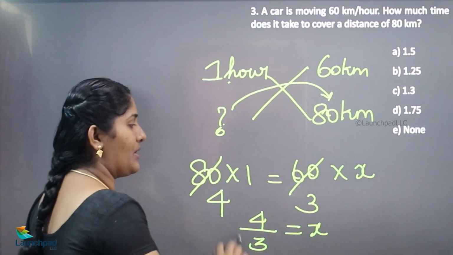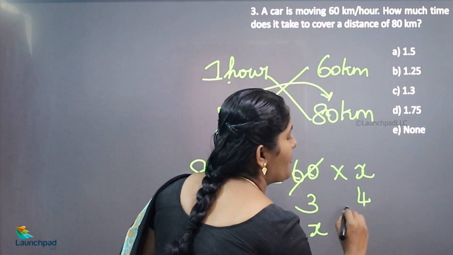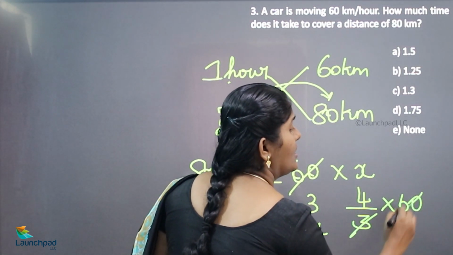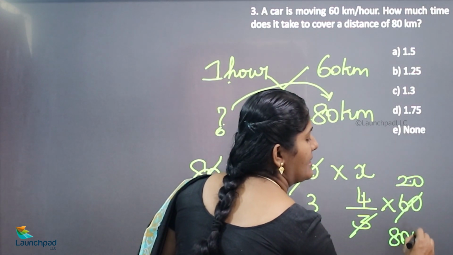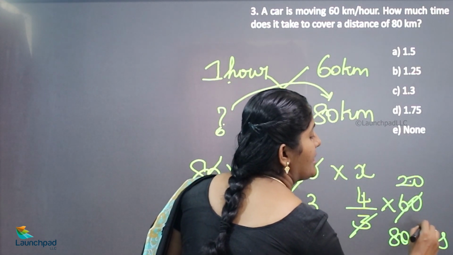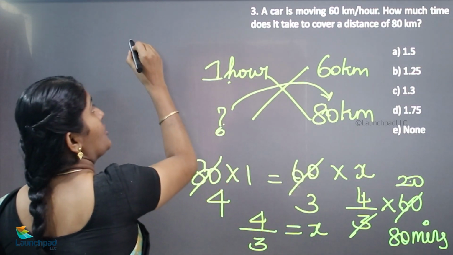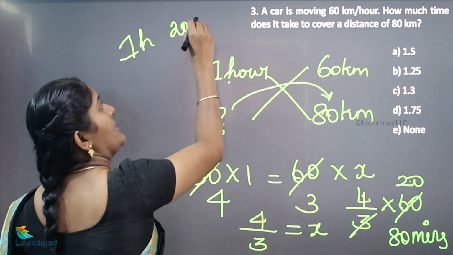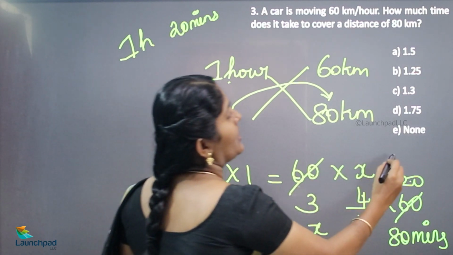We should convert this into hour value. So 4 by 3 into 60, that is 4 into 20, 80 minutes. How can we write 80 minutes? 1 hour is 60 minutes, the remaining is 20 minutes. So 1 hour 20 minutes is your answer.